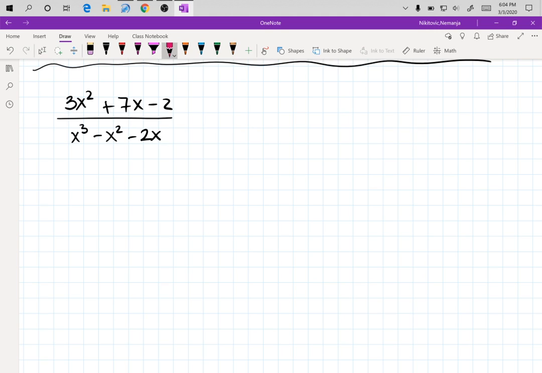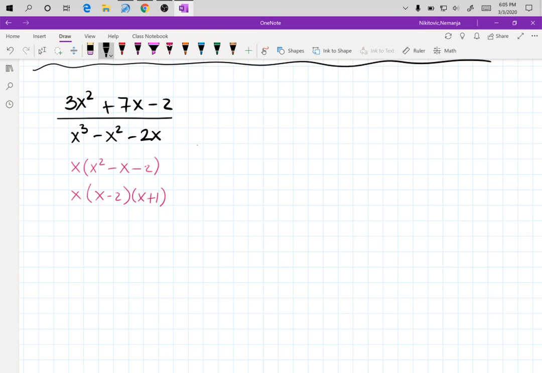The first thing we do is we kick out an x, which leaves us with x squared minus x minus 2, and then you factor that one into, in this case, x minus 2 times x plus 1. Is that bueno? That's good, right?